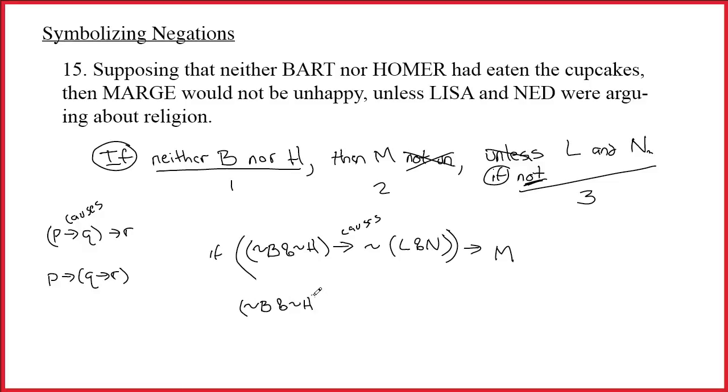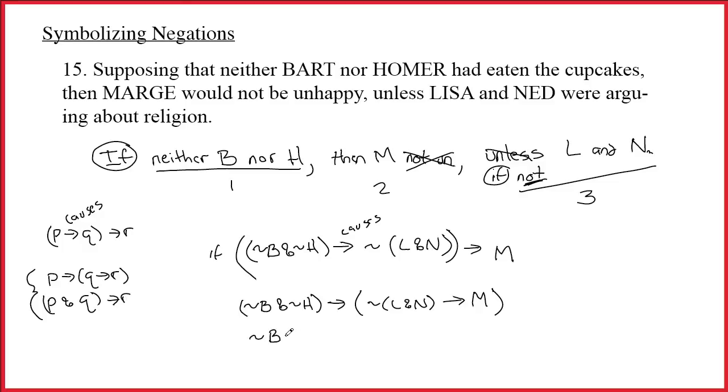Tilde B and tilde H, arrow, and now we go tilde L ampersand N, arrow M, and parentheses like that. Of course, if we're going to read this, it's much better if we read it in the way that has an ampersand in the front. We know that P arrow Q arrow R is equivalent to P and Q arrow R. These two formulas mean the same thing. Can we write it this way? Yes.